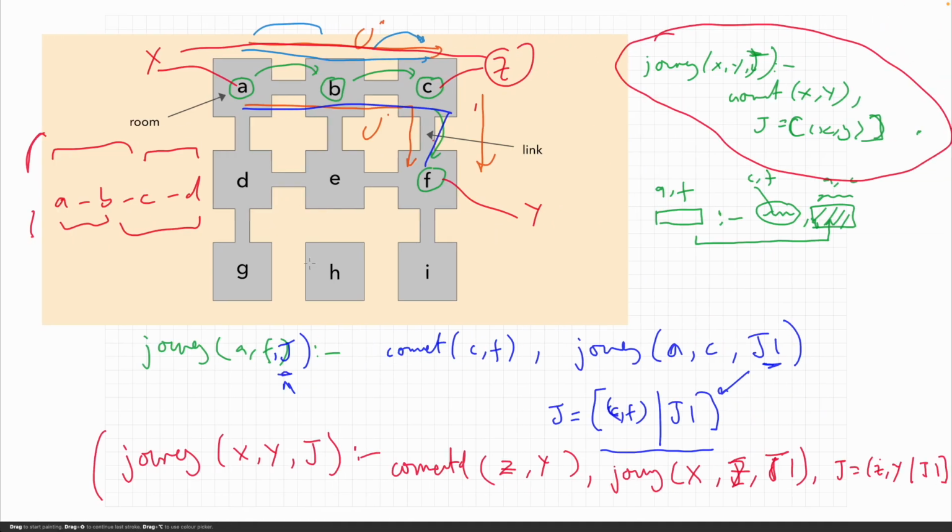Great. And in fact, let's see if a to c is true via a longer route. So AD, DE, EF and FC.